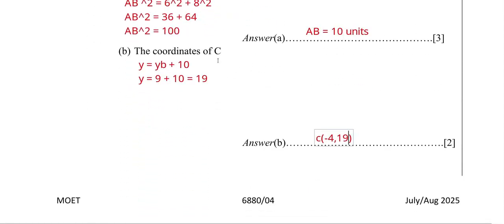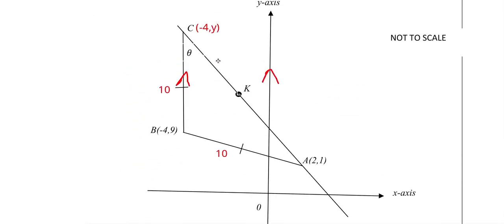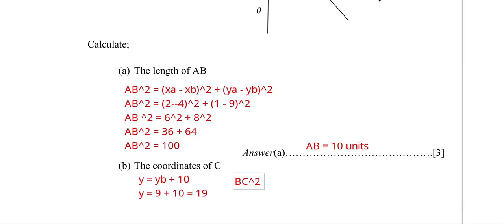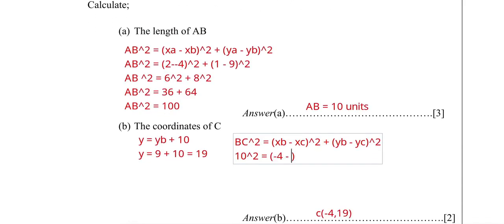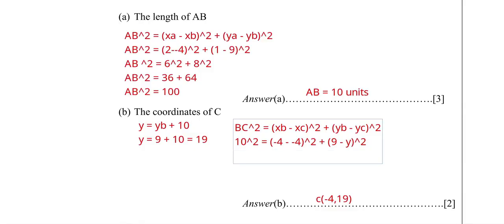Let's try to use the distance formula. So BC squared is equal to (xB minus xC) squared plus (yB minus yC) squared. And then your BC, that's 10, so 100 is equal to (-4 minus -4) squared, which is 0, plus (9 minus y) squared.